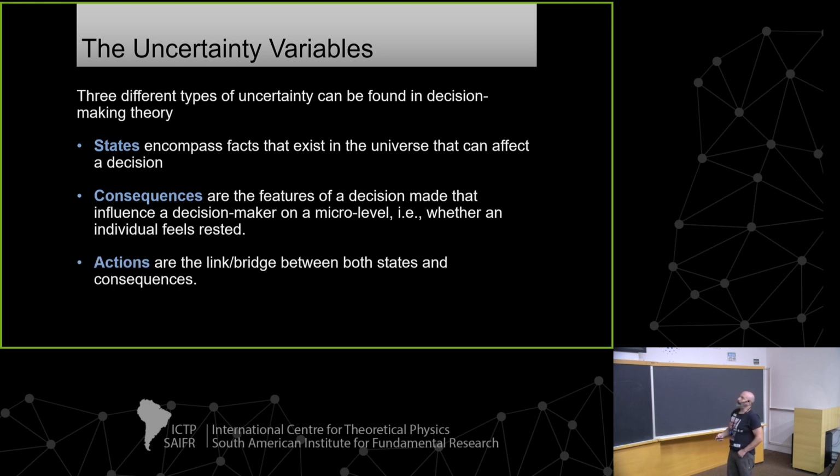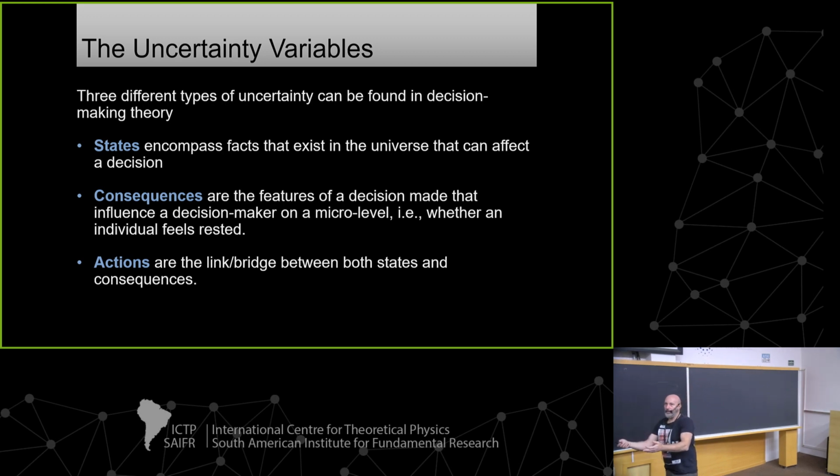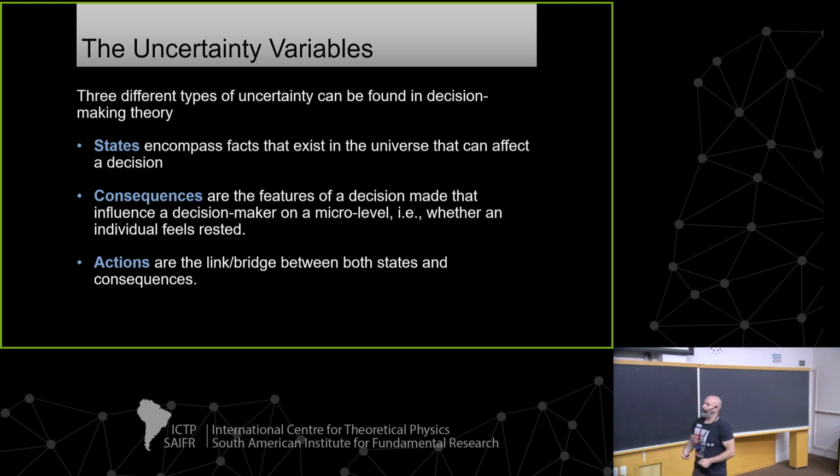And then the actions. The actions are the link between the states and the consequences. So we have states. The state is the state at which I am before making the choice, and there is another state that is the state at which I will be after making the choice.